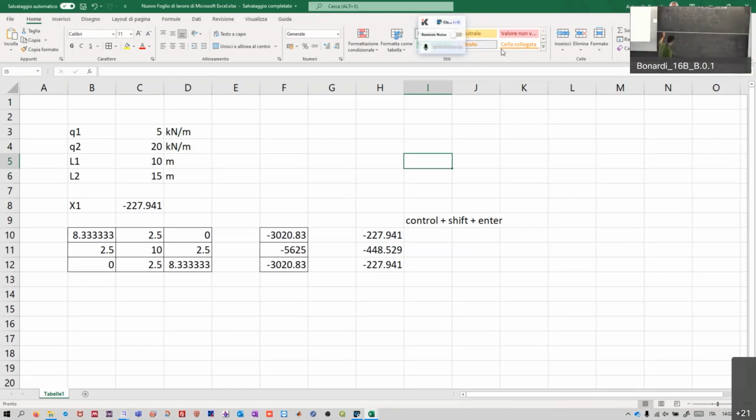So that's done. If we want to draw the diagrams, I'm not drawing them because that's too long, and I will not substitute the values. If we want to draw the diagram of the axial force, always set the reference.